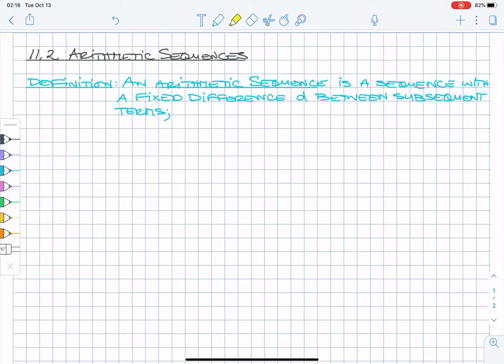That is, a sub n minus a sub n minus 1 is going to be d for all positive integers n.